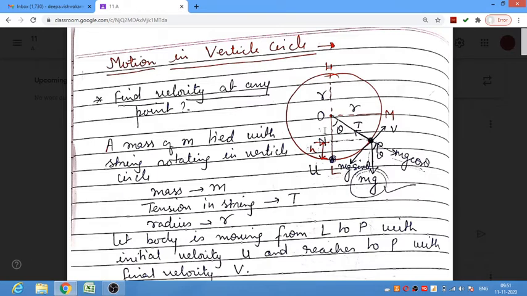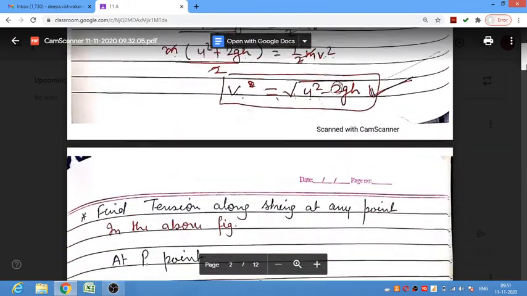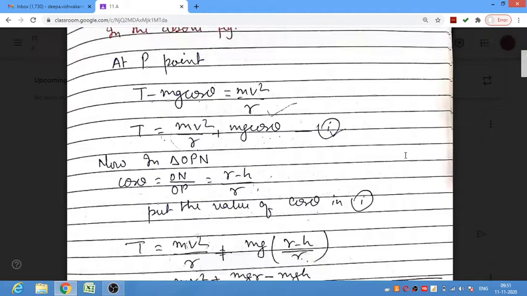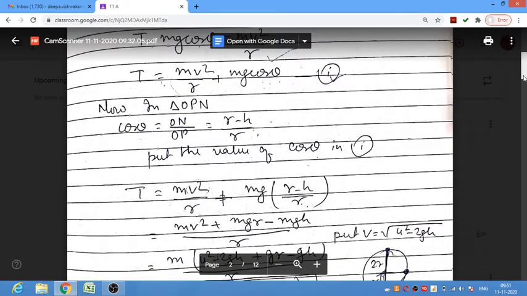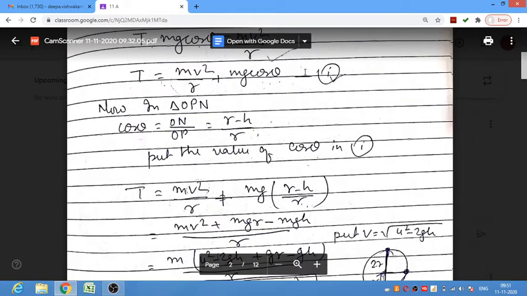Then we can write ON is equal to r minus h, and OP is the radius, so OP is equal to r. So cos theta is equal to ON upon OP, which is r minus h upon r. Now put the value of cos theta in the first equation, the equation of the tension.